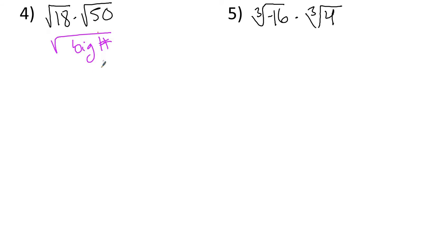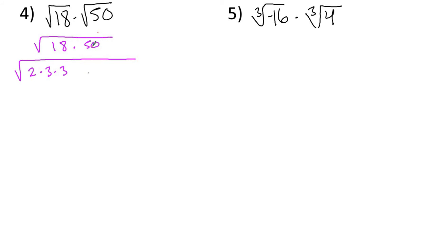I don't ever multiply my numbers. This is simply 18 times 50. Break each of those numbers down. 18 breaks down into 2 times 3 times 3. 50 breaks down into 5 times 5 times 2.